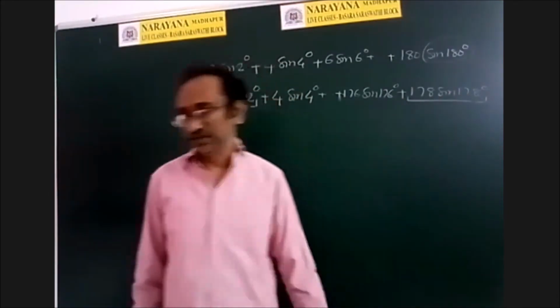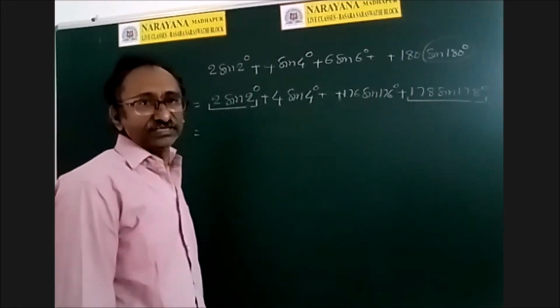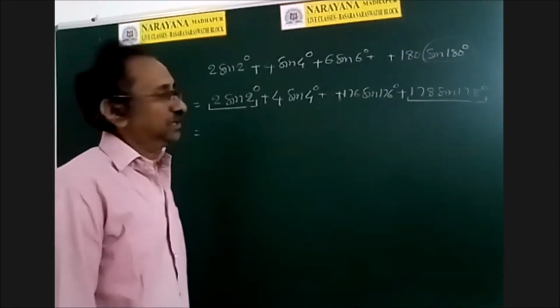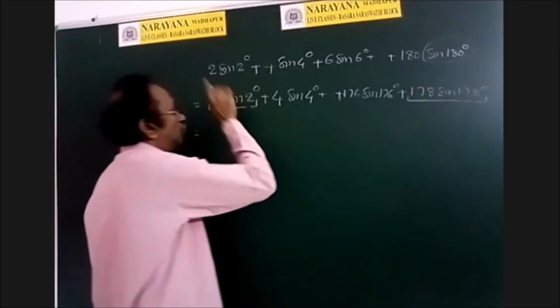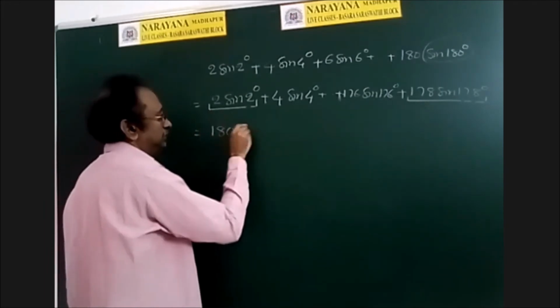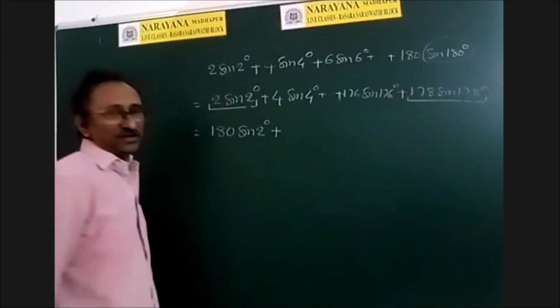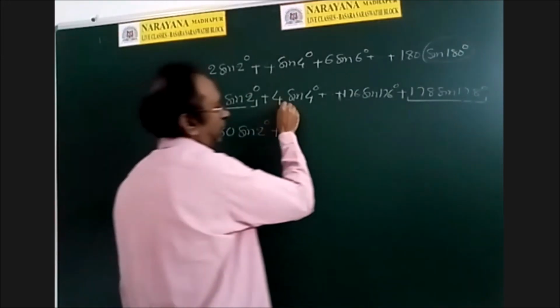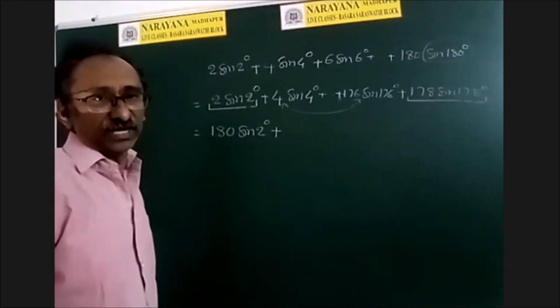What is sin 178? Sin of 180 minus 2, which is nothing but sin 2, because sin of 180 minus theta is sin theta. So this is sin 2 and this is sin 2, and I can add the coefficients, that is 2 plus 178, 180. So 180 sin 2 degrees plus, and now you can understand, I can add these two because sin 176 is nothing but sin 4.